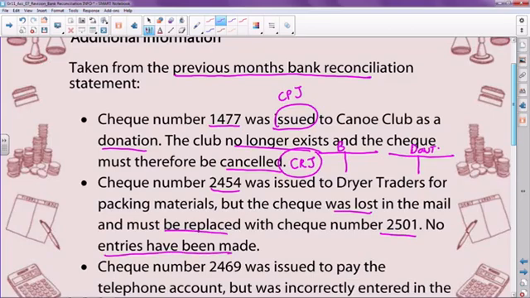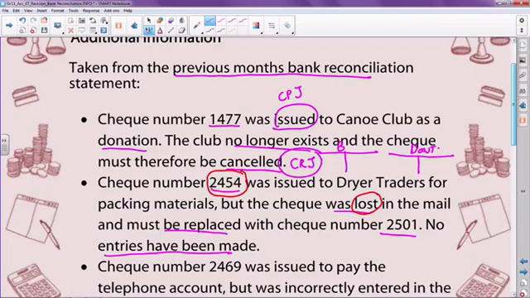Okay, so if you look at this transaction, there's a lot happening. So let's start with the first aspect. I'm going to just change the color of my pen. So the first aspect is we've issued check number 2454, but this check was lost. And the instruction is that this must now be replaced.